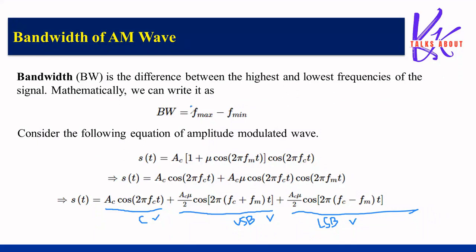Now, what is the maximum frequency we are having? The maximum frequency is nothing but fc plus fm, and the minimum frequency is fc minus fm. So now let us calculate the bandwidth.